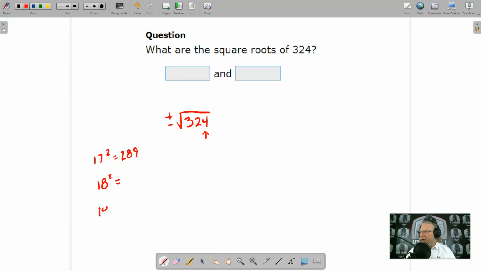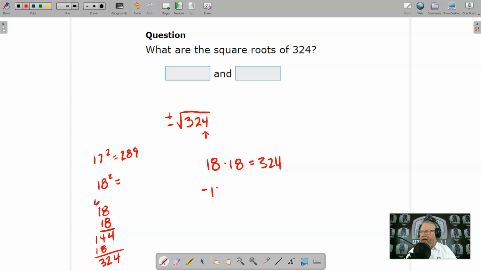So I'll go ahead and do 18 times 18. 8 times 8 is 64. Carry the 6. 8, 10, 14, 18, 4, 12. Carry the 1. 324. Indeed it is. So we know that 18 times 18 equals 324.